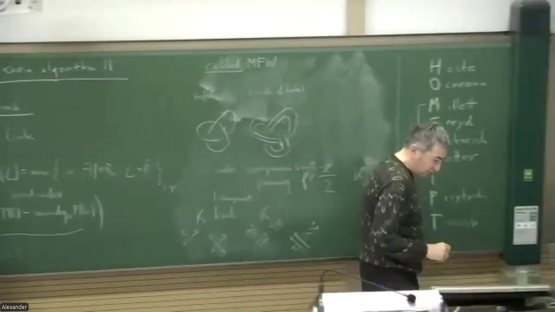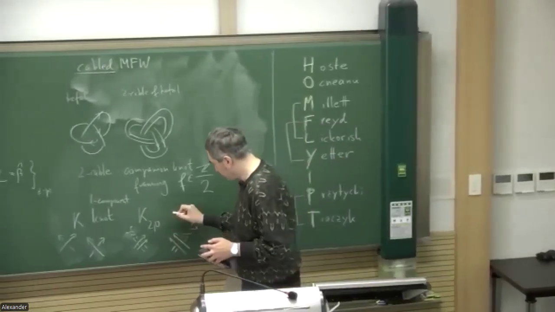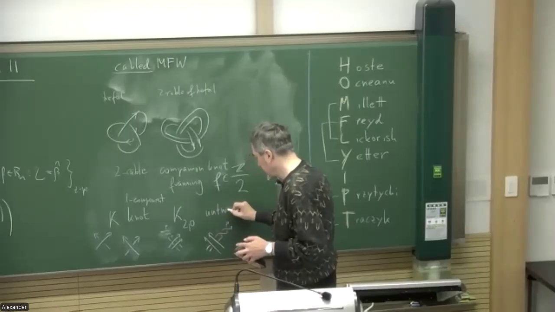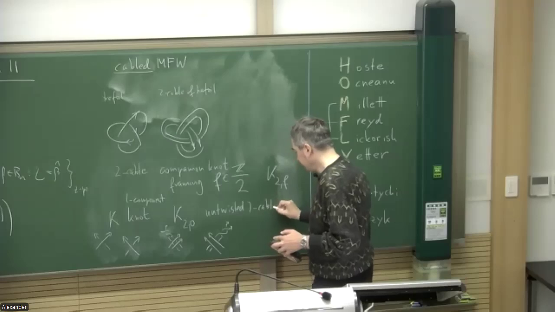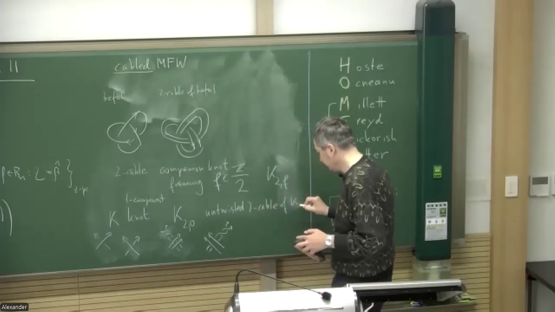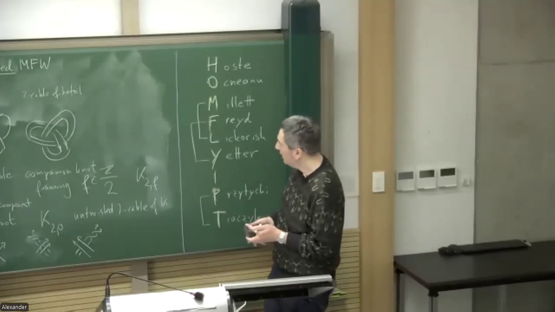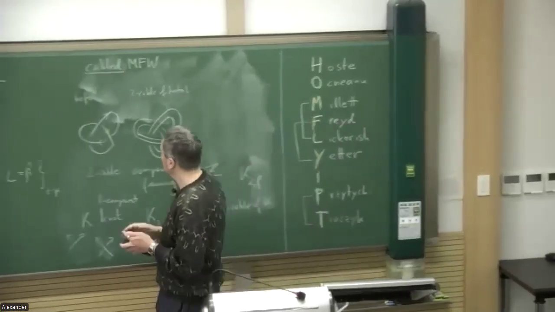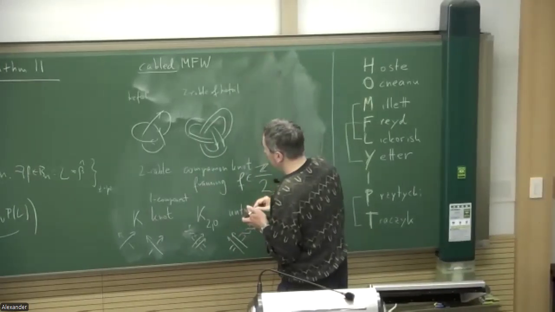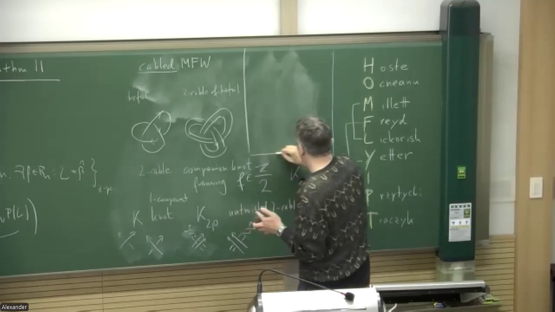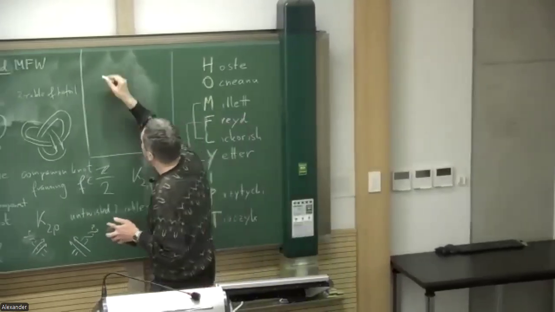This construction will give you the untwisted 2-cable. So this is how you get the untwisted 2-cable. And for the twisted cable, now I'm in a situation where the blackboard gets too small, so I have to be economical.